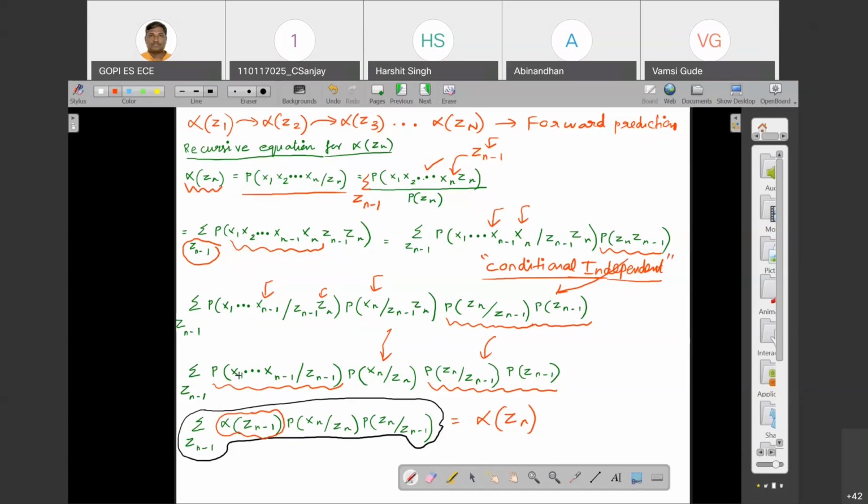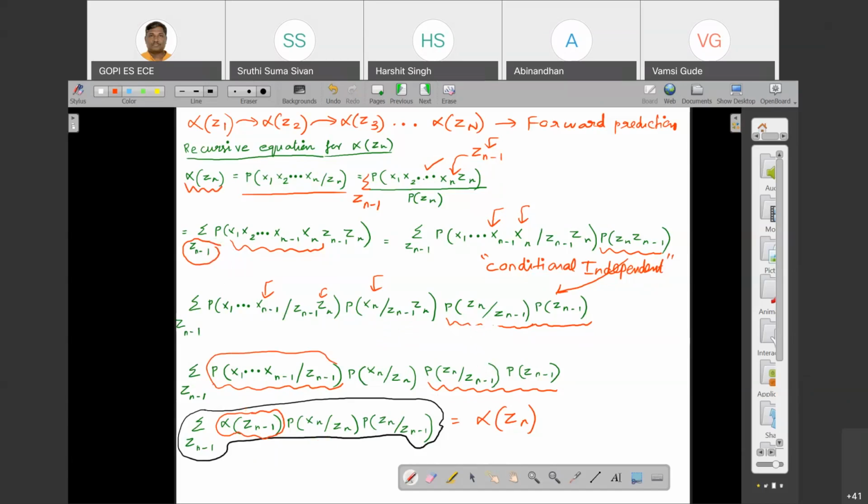So now when you see the definition, this is going to be your alpha of Zn minus 1. This probability is coming as it is, and we are able to combine this to get this, right? So not this one, because as far as this alpha is considered, it is a joint probability, right?